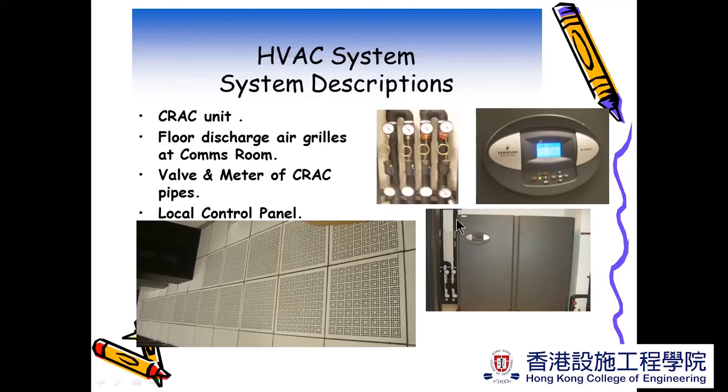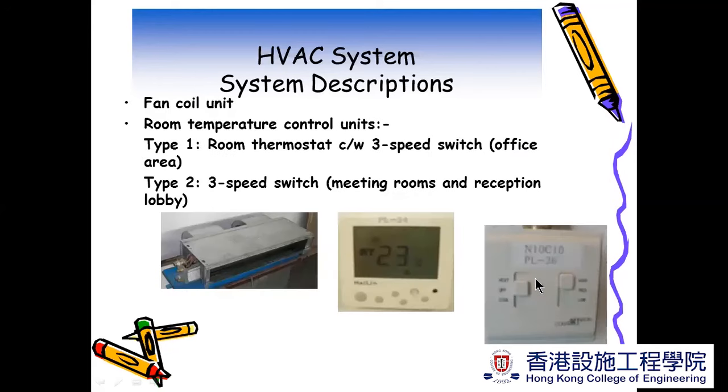And then a local control panel like this one. The fan coil unit is something like this, which they put in the ceiling. The room temperature control unit has different types, right? There's something like this one with speed control, a room thermostat in the office area, and then maybe some other control unit like this.